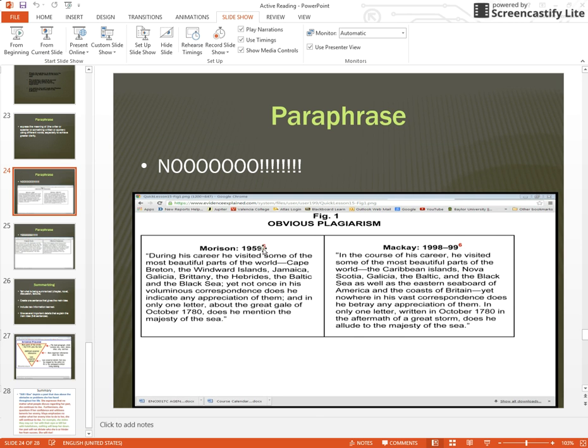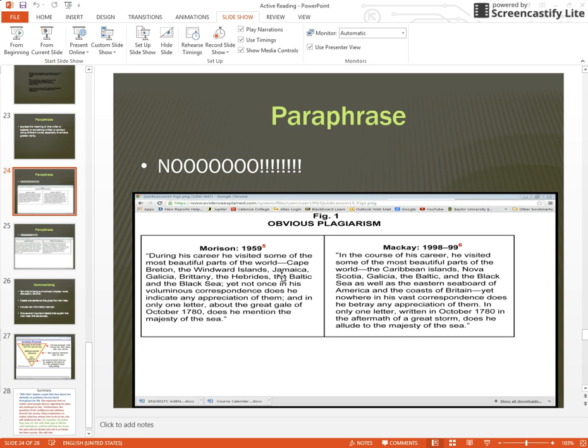For paraphrasing, bear in mind there is a format that you need to use. Try to avoid using the same structure in the sentence when you are paraphrasing. If you look at the very first sentence, it says, during his career, he visited some of the most beautiful parts of the world: Cape Breton, the Windward Islands, Jamaica, and so forth.